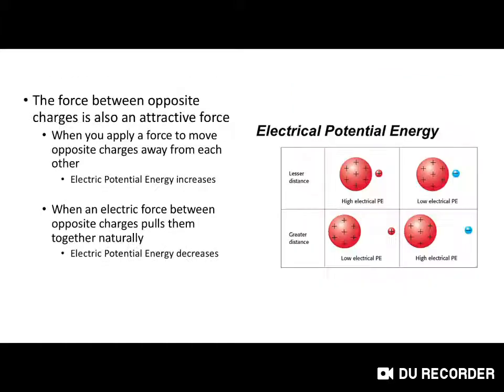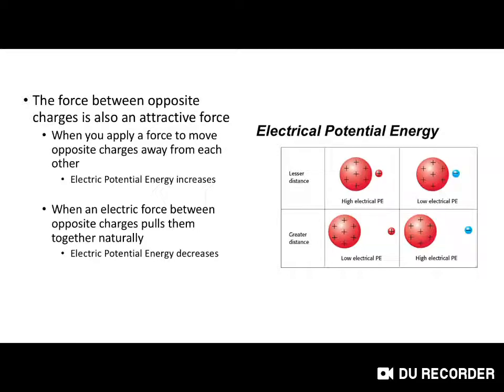This is very similar to what happens to electrical potential energy. The force between opposite charges is also an attractive force. When you apply a force to move opposite charges away from each other, the electric potential energy increases.